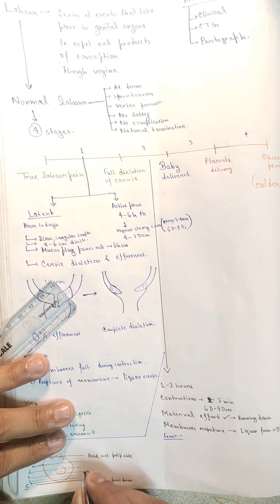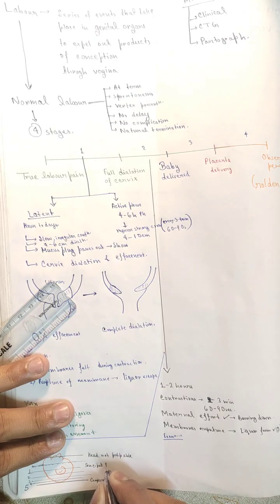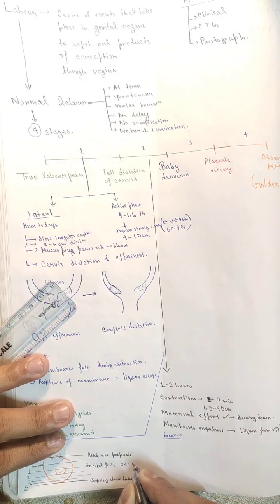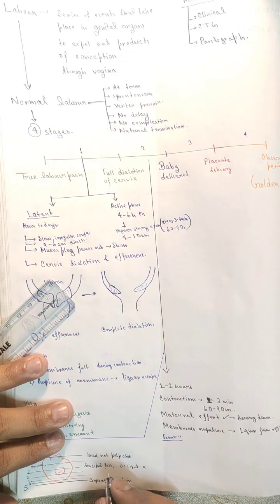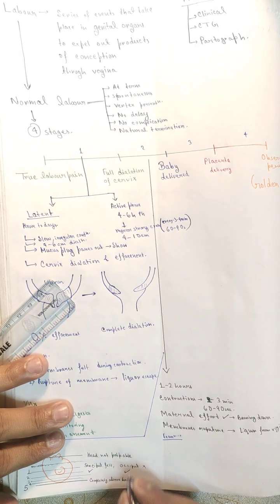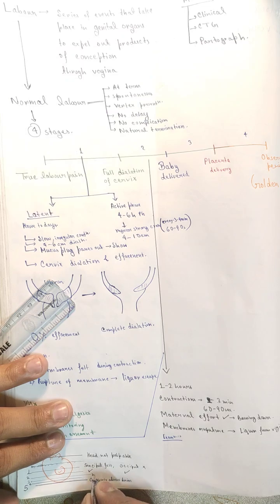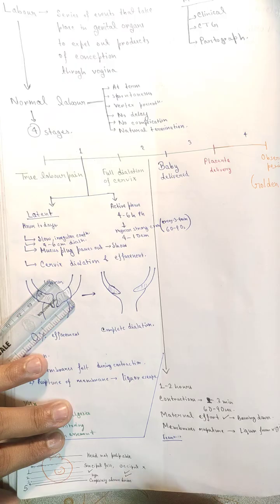Here sinciput felt, occiput is not. And next sinciput felt, occiput also felt. The next is sinciput is high and occiput is easily felt. And the last one is the same.